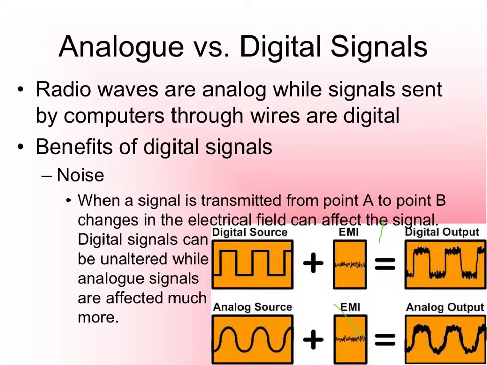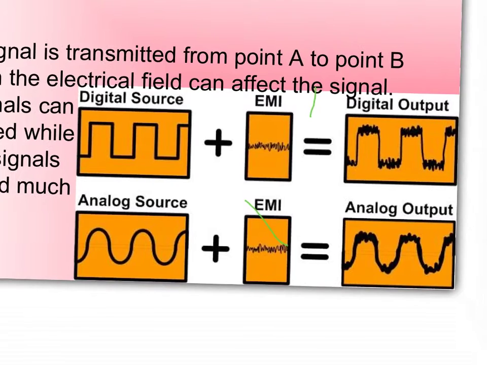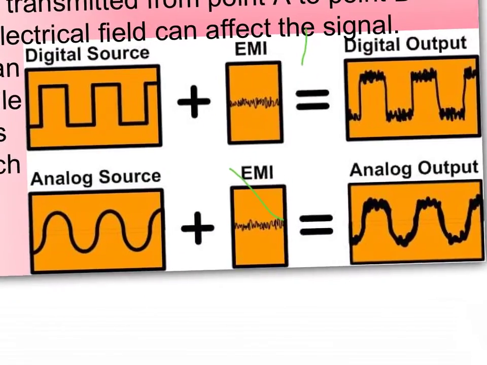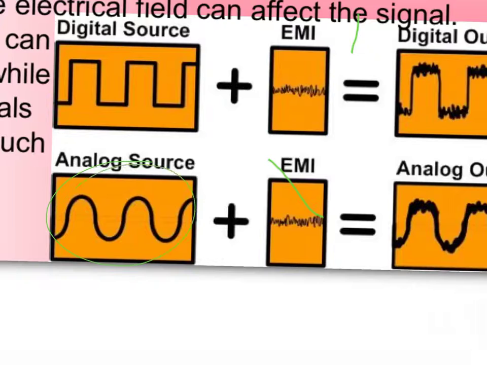So let's look at some of the pros and cons. If we look at this diagram down here, it really illustrates one of the biggest benefits of using digital versus analog, and it has to do with noise. So if we have an analog source, so we have this right here.